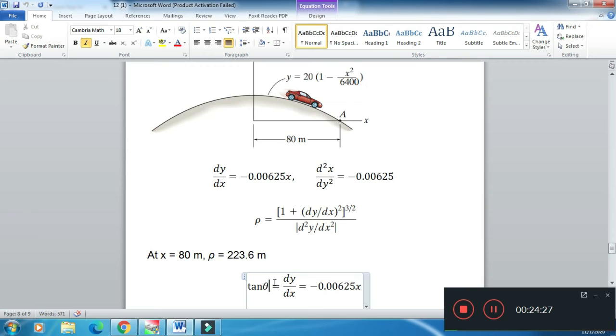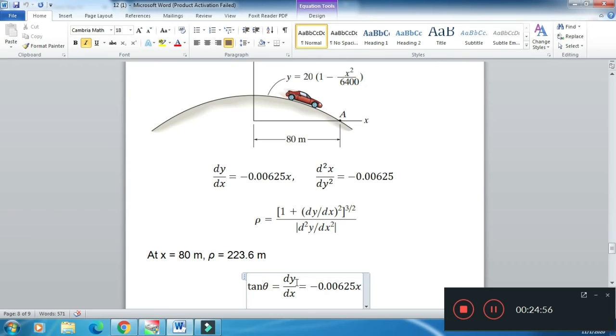Now for the analysis purpose, we have to find the angle at location A. The tangential direction will be obviously tangent towards downward. This is the tangential direction. It will be at some angle with x. We can find the angle using first derivative dy over dx.